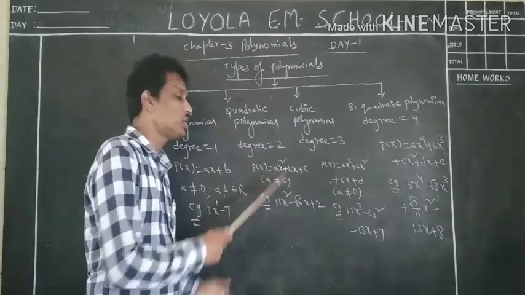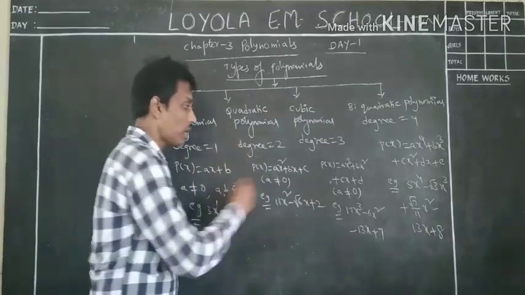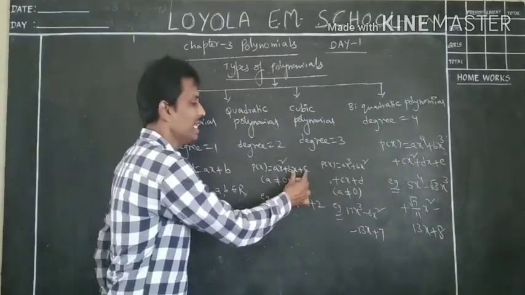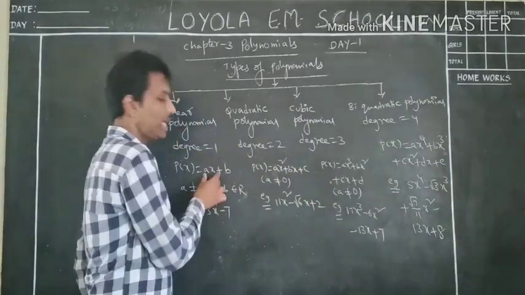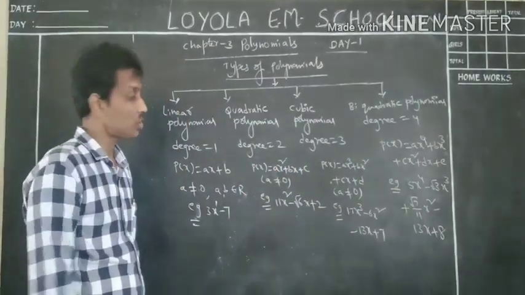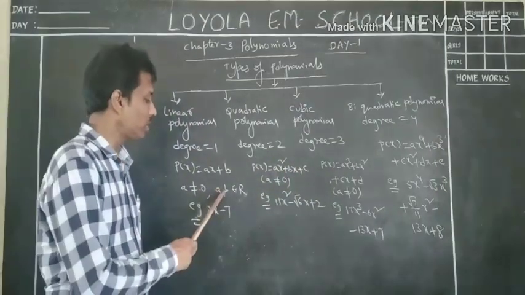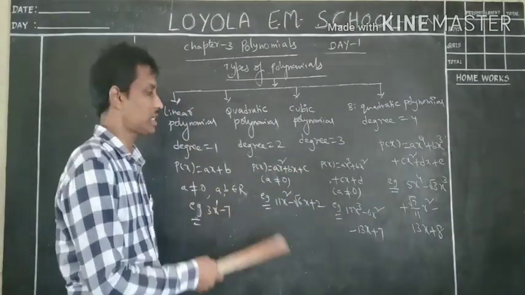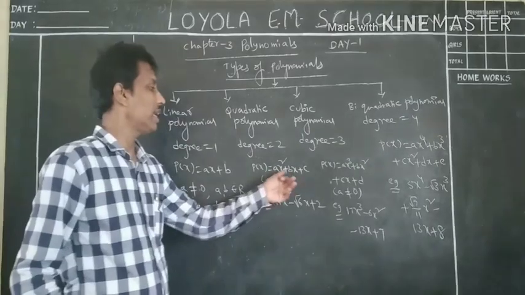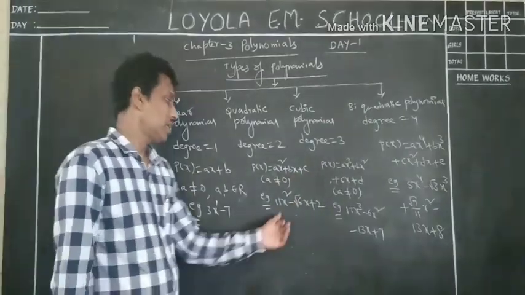Because if a equals 0, the product ax square becomes 0. Now the polynomial becomes bx plus c. It is nothing but a linear polynomial because the degree becomes 1. So that's why you take it. A, B, C. Again, just as we wrote that a and b belong to the set of real numbers, here also we consider a, b, c belonging to the set of real numbers.